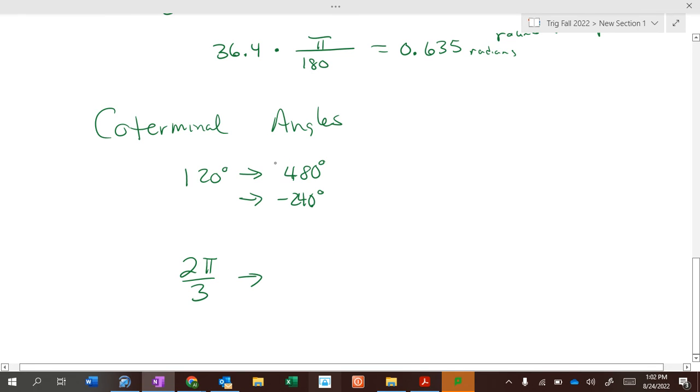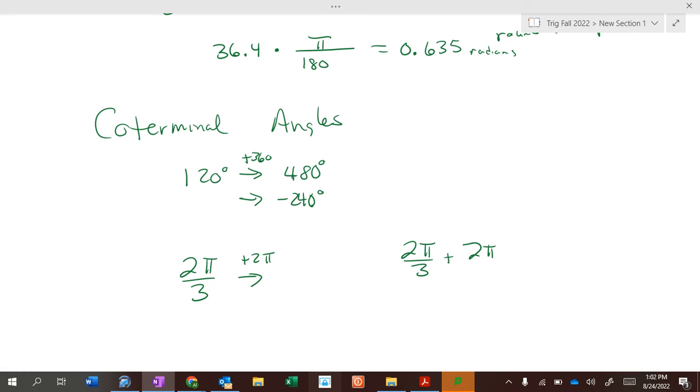So what do we do here? We added 360. So what are we going to do here? We're adding 2 pi. Well, what's 2 pi over 3 plus 2 pi? Well, we can't add those because they don't have what? Common denominators. So we got to get a common denominator.